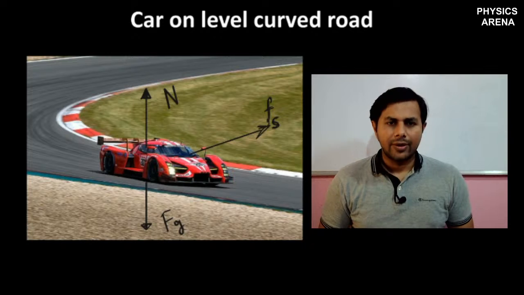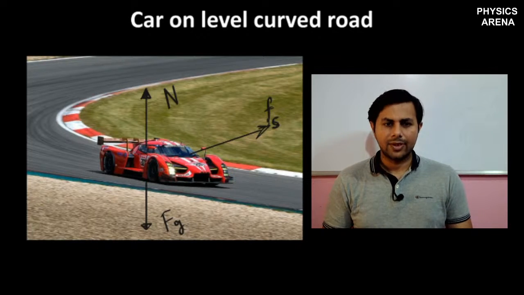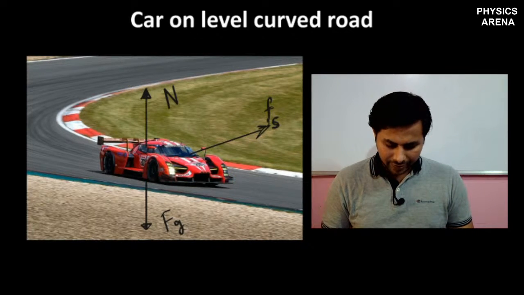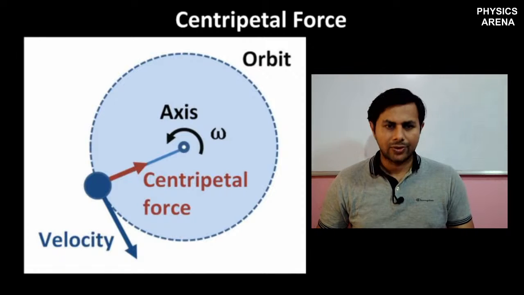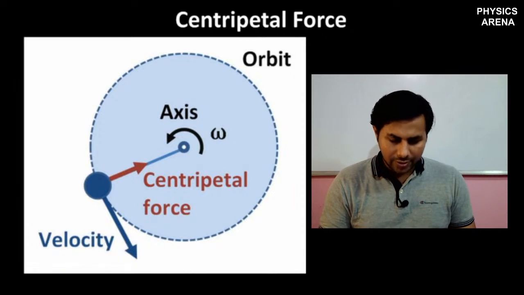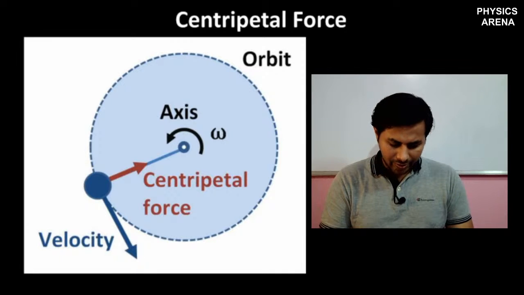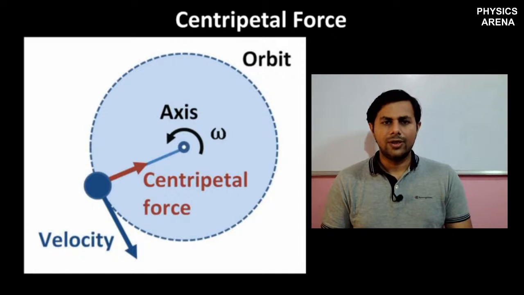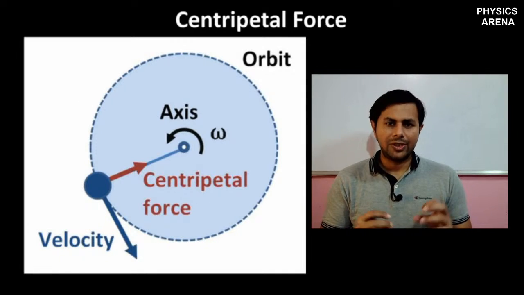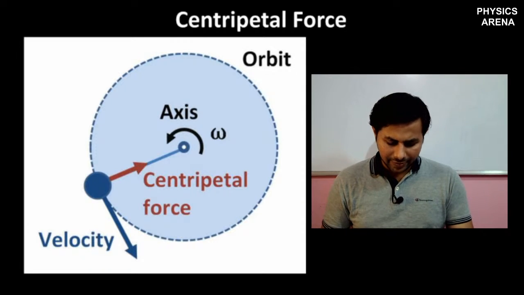See, what is centripetal force? Let's go back over here. For an object performing circular motion, we need a force which is directed along the radius and toward the center of the circle.